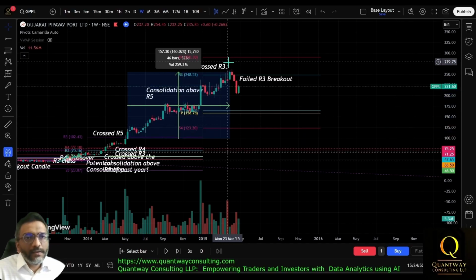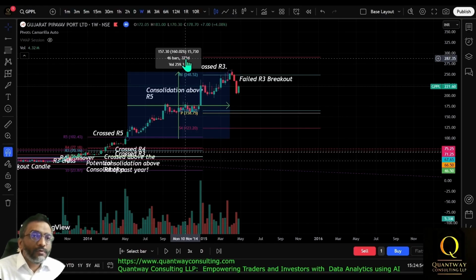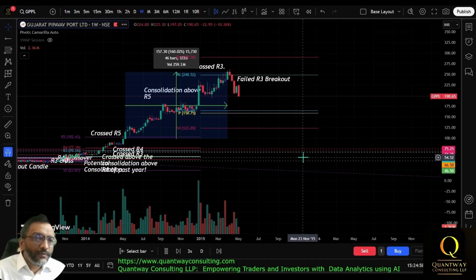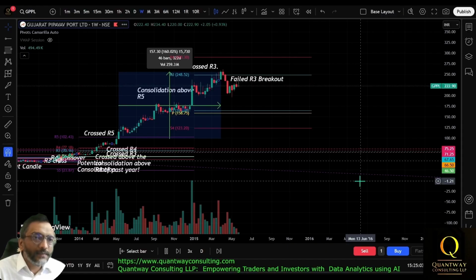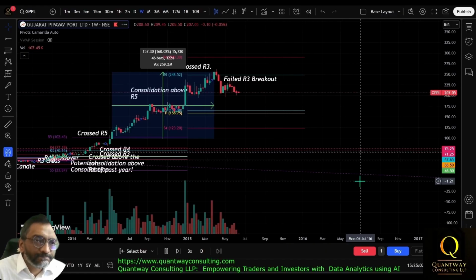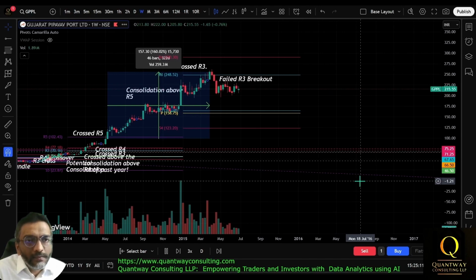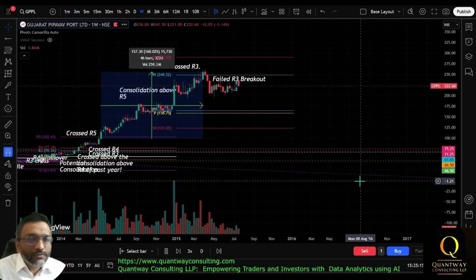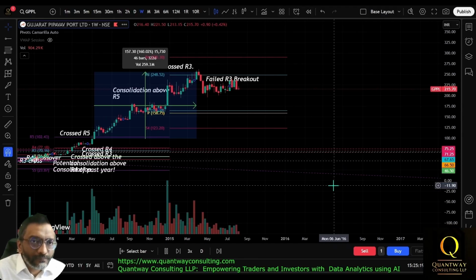But for very extraordinary assets, the trend keeps on going up and up till the compounding engine, or the earnings that are being produced by that particular asset, reach those levels. Right now, we are just seeing a sideways movement, and there is a failed R3 breakout, and the stock would go down generally from here.